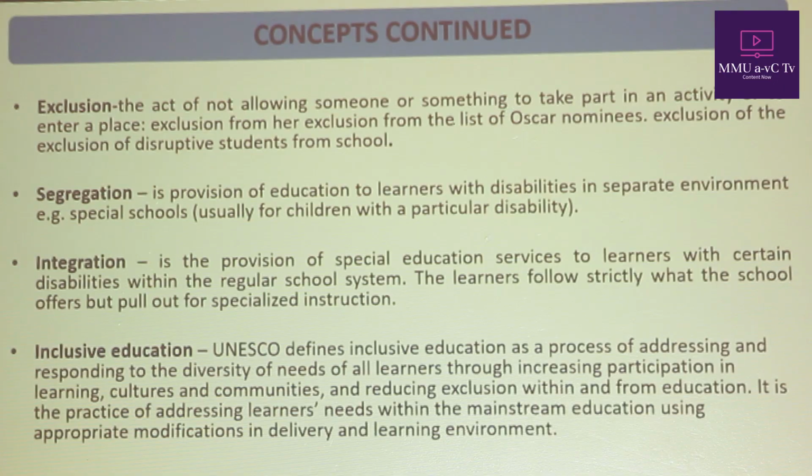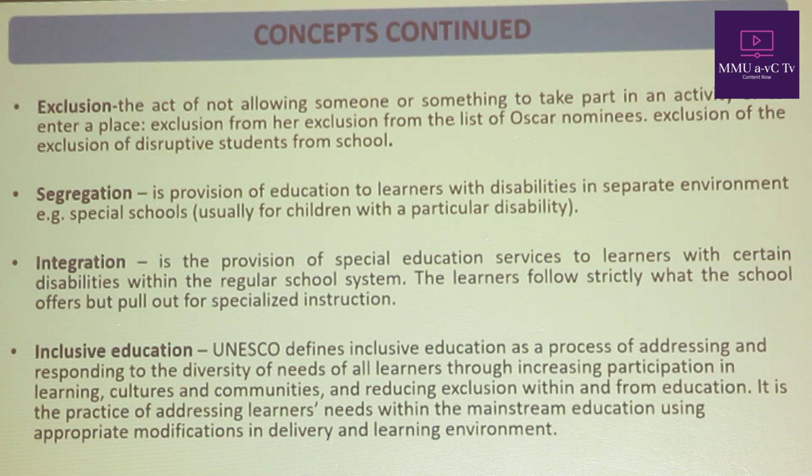So in a segregated setting, they have their own environment where they are learning from, and in this way, we call them special schools. It can also be a unit. A unit is within the ordinary school, but children with disabilities study alone, play alone. They don't interact with the other children.